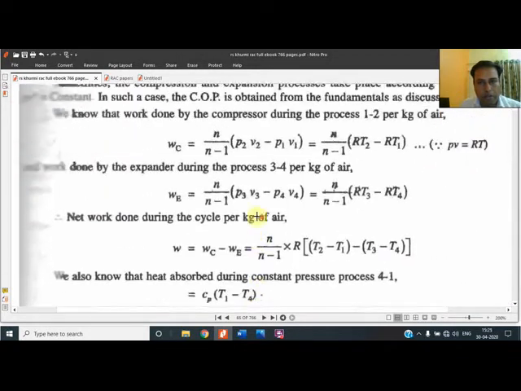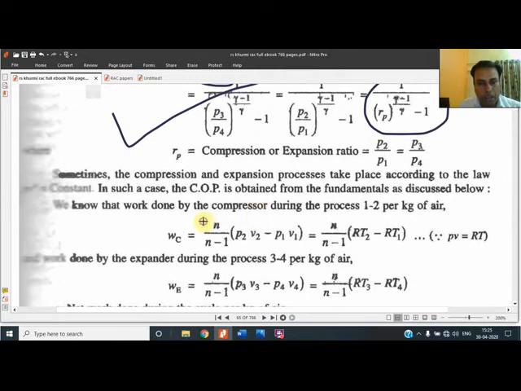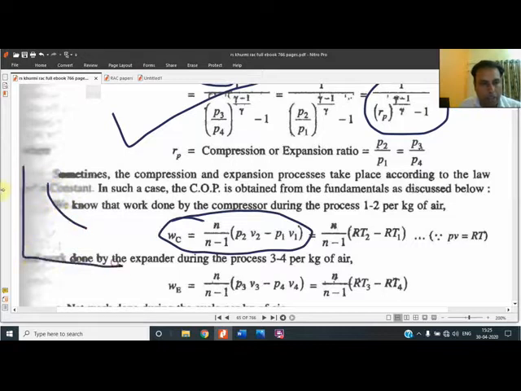Then what we have to do is find out the compression work, because we know that whenever there is isentropic compression in a PV diagram, as you have seen in your Otto and diesel cycles also, where the first process is compression itself, and that is isentropic compression.